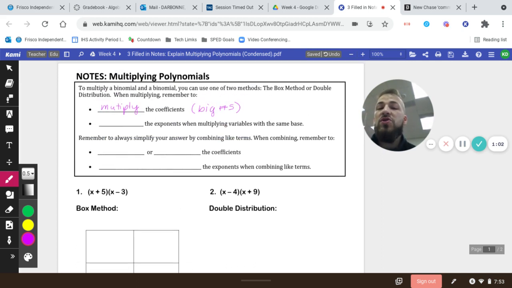Okay, so we multiply the coefficients, but when we're multiplying x's, we add the exponents. Just as a reminder, the exponent is that little tiny number up at the top.